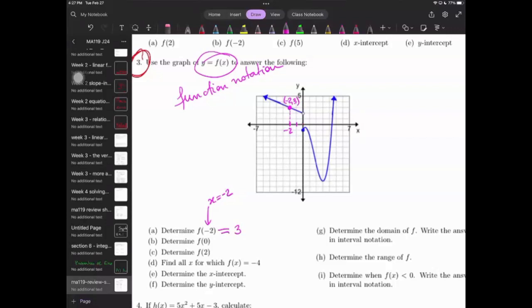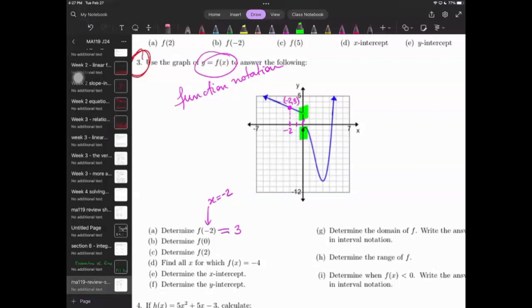Now, for f of 0, you can see that I marked 0, which is where the vertical axis is. So x equals 0, and there is an open circle on the top. Let me highlight that. Open circle on the top, and there is a closed circle on the bottom. You have to remember that an open circle means it's not a point in the graph. It's there, but it's not really part of the graph.